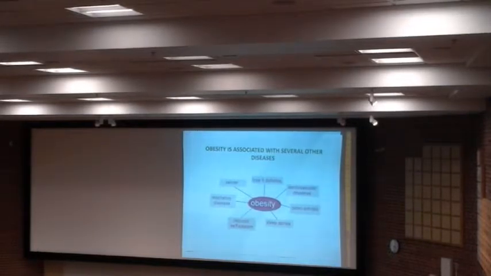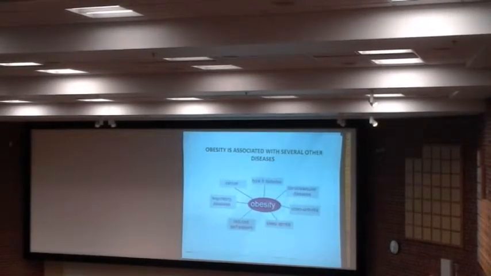And it's been estimated that each taxpayer, any of you who are paying taxes, each taxpayer contributes more than $1,000, maybe up to $2,000 per year to treating the consequences of obesity. So it's costing you. It comes out of your pockets.